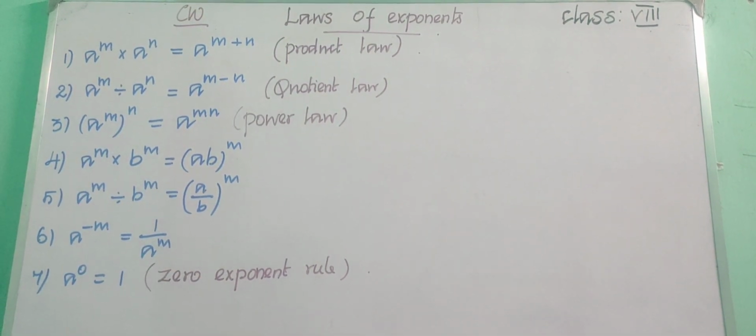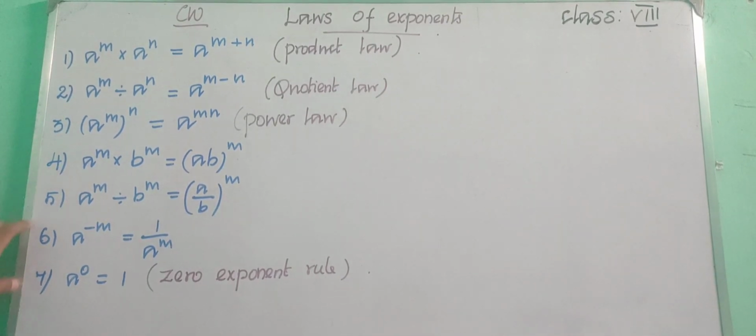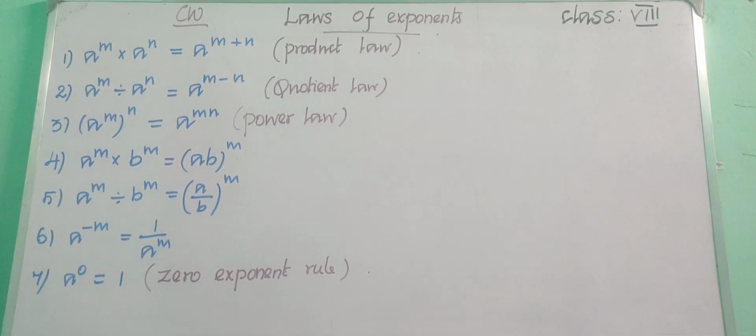Write the heading as laws of exponents and write all these 7 laws. First one is product law, quotient law, power law, write these 3 laws, and the 7th one is zero exponent rule. Okay children, pause the video and write.